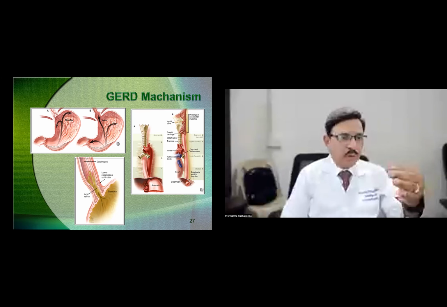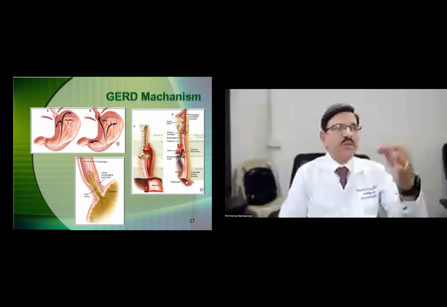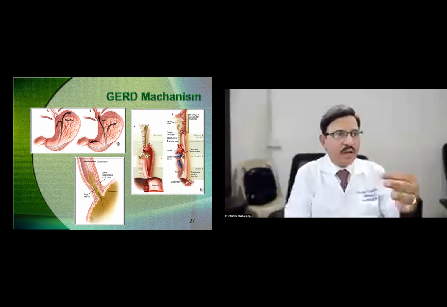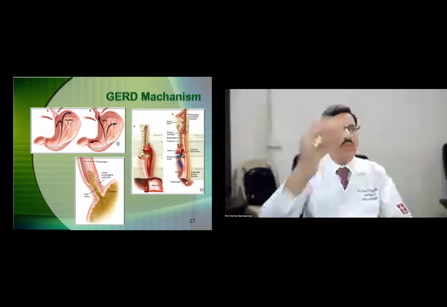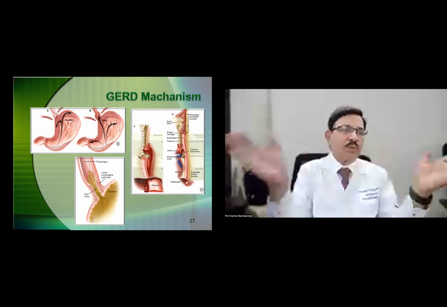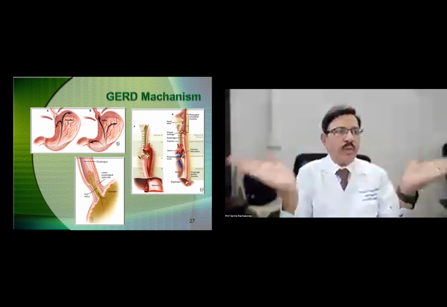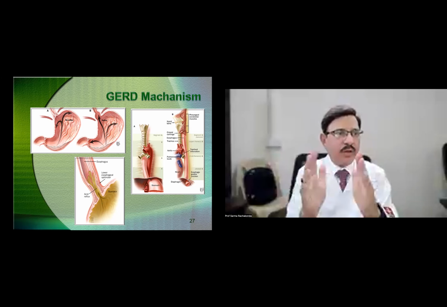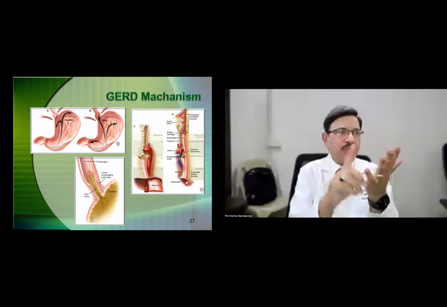And also the duration for which it opens is longer. As a result, not only gases occasionally, but the stomach contents themselves will reflux. It is not that the esophageal sphincter is thrown open permanently. It is only the normal mechanism of transient relaxation, which is exaggerated in terms of frequency and duration. As a result, there is gastric reflux.